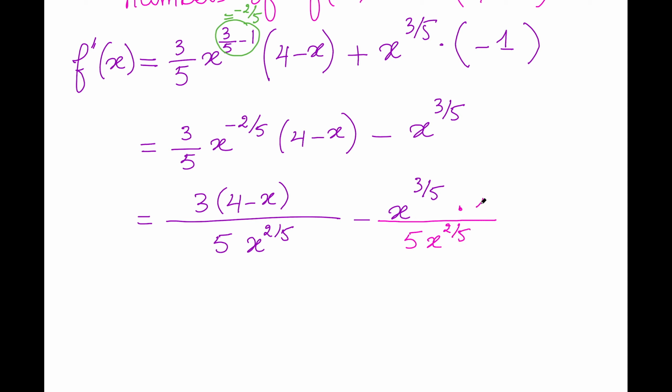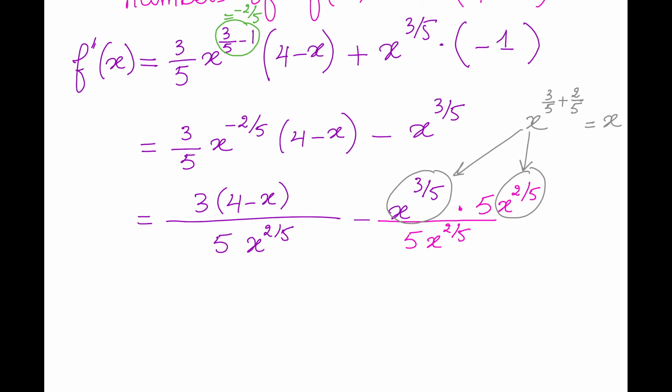I want to multiply upstairs as well, 5x to power 2 over 5. And what is this? x to power 3 over 5 times x to power 2 over 5. This is product of two exponential expressions with the same base, x. So I'm going to keep the base, and I'm going to add the powers. The powers are 3 over 5 and 2 over 5, and 3 over 5 plus 2 over 5 is simply 1. So I get x.